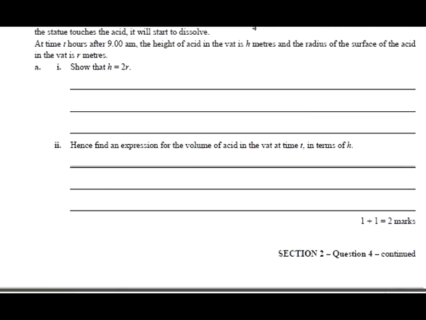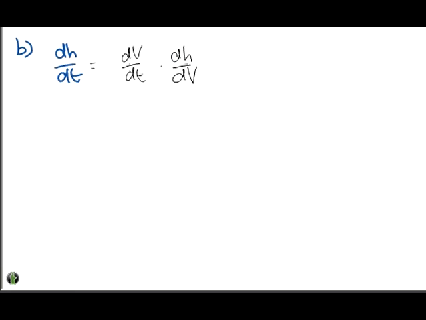The last question where you found V in terms of H. Remembering here that V equals 1 on 12 π H cubed, you can find dV/dH as 1/4 π H squared, right?